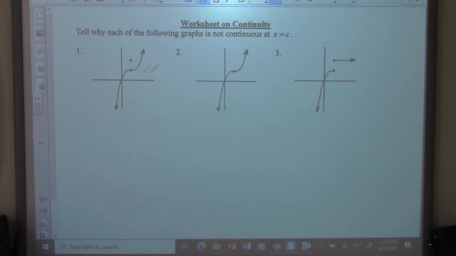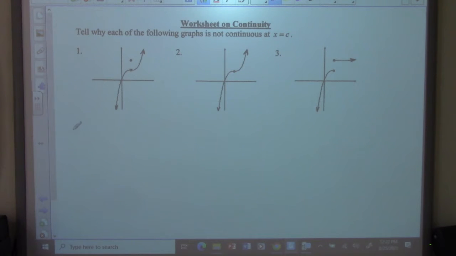This is sort of just an exercise in telling why the following graph is not continuous at x equals c, and we're going to be using the language we came up with at the front of the note card. Remember the three conditions of continuity?